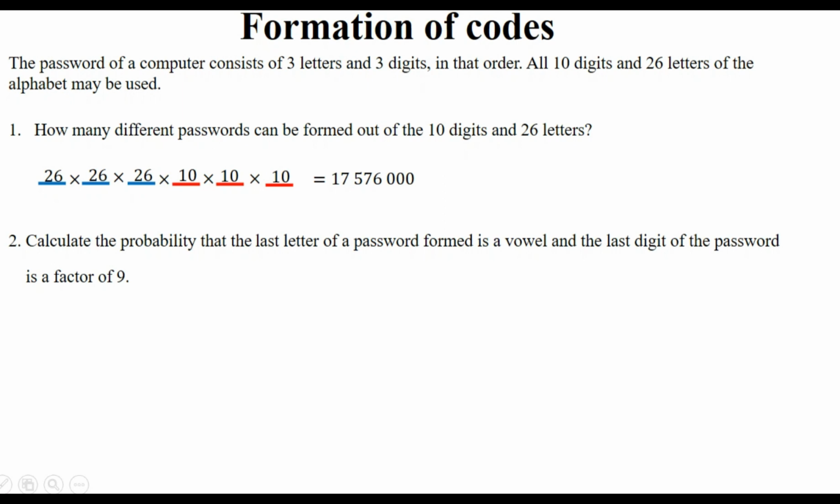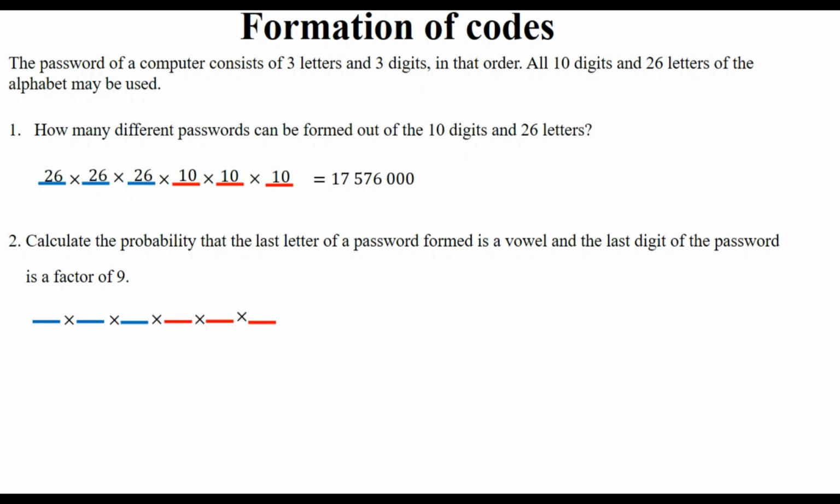Right, let's consider now coming to question number 2. Calculate the probability that the last letter of a password formed is a vowel and the last digit of the password is a factor of 9. Right, let's use the dash method. Those are the first 3 dashes that represent the 3 letters of the alphabet, followed by 3 dashes representing the 3 digits.